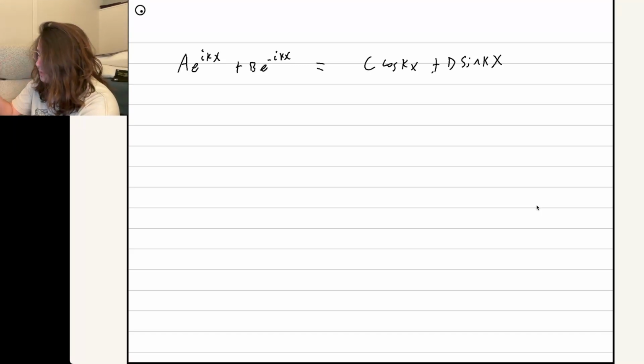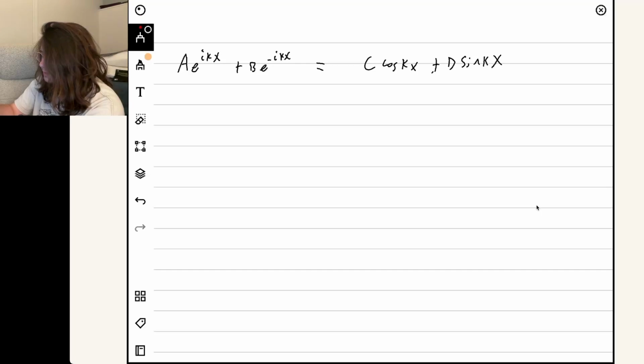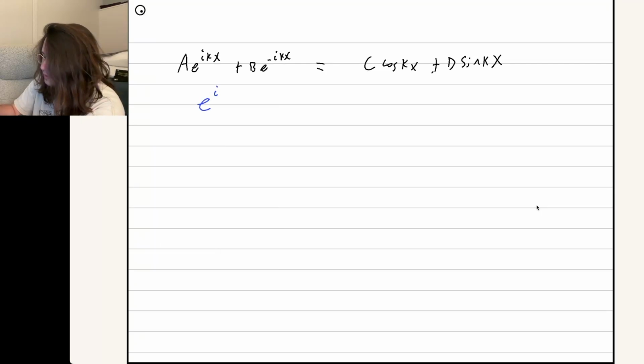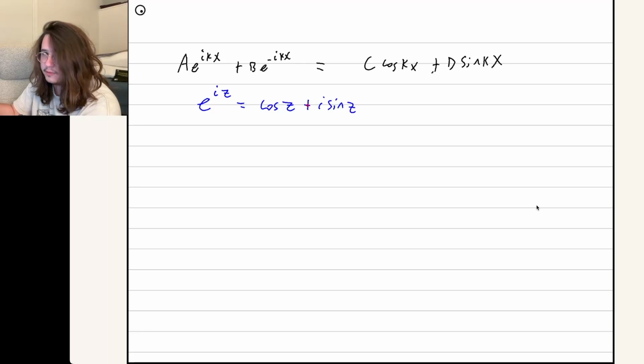To do this, first of all, we're going to work on the left-hand side using Euler's identity, which is e to the iz equals cosine z plus i sine z. If there's a minus sign up in the exponential, the minus sign becomes manifest in the sign of the sine function.